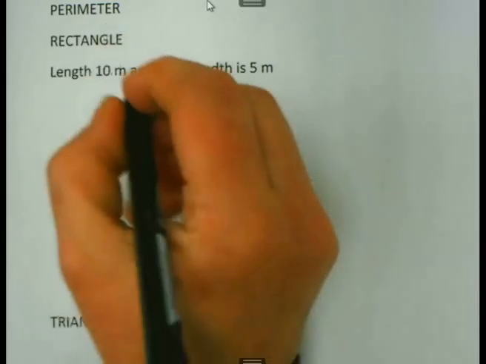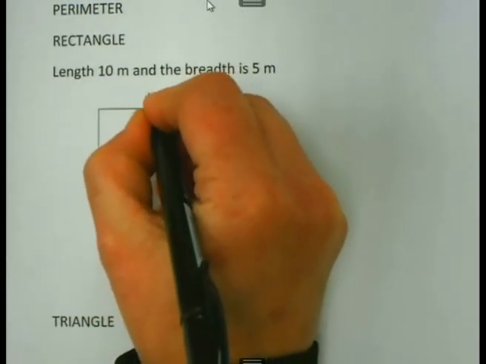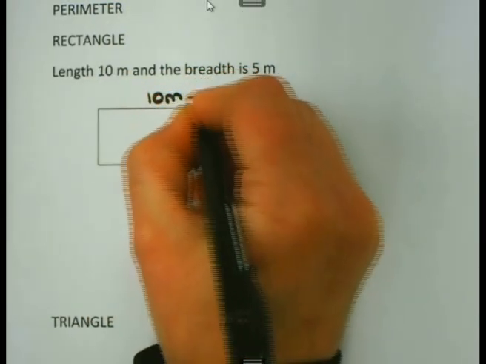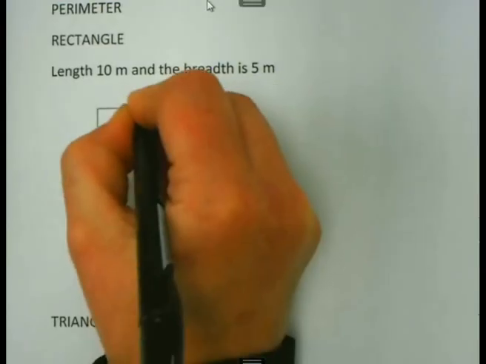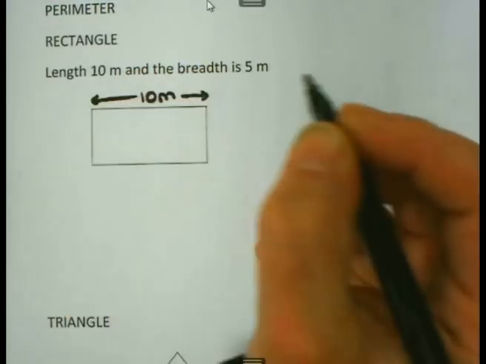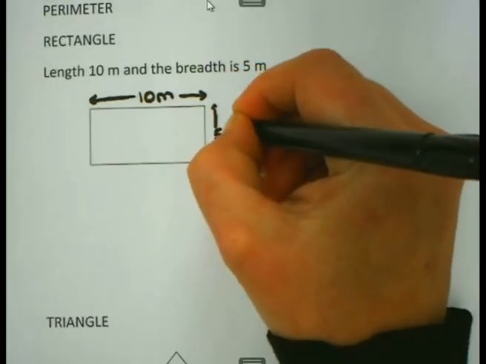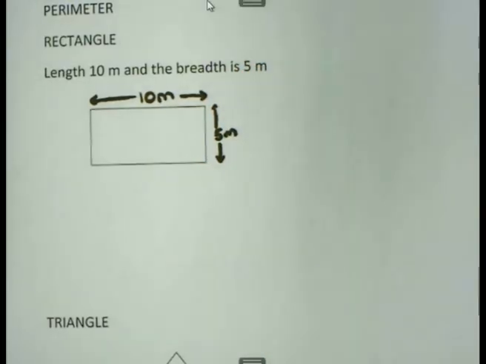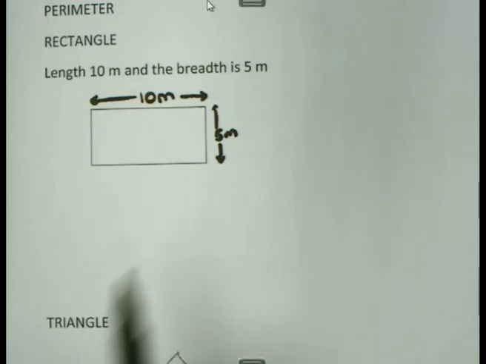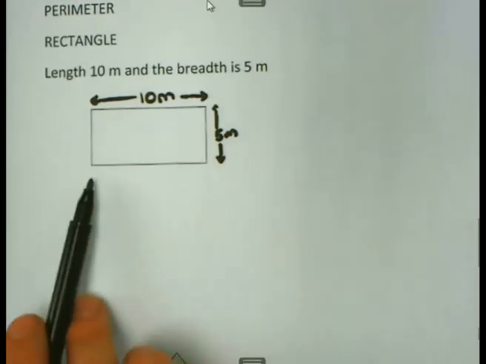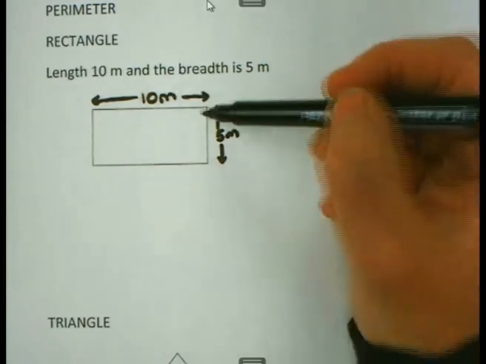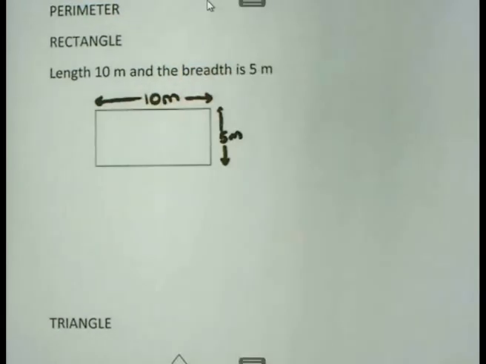Now in short, if the length is 10 meter, we usually call the longer one here the length, and the breadth is 5 meter, then you must remember, since it's a rectangle, if that is 10 meter, this is 10 meter as well. And if that is 5 meter, this is 5 meter as well.